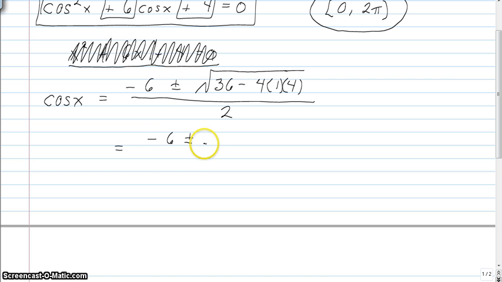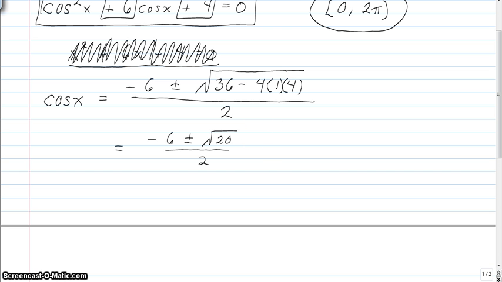Let's see, we get negative 6 plus or minus root 20 all over 2. And at this point, when we look right here, we know that we're probably not going to be able to think of some angles whose cosine gives us that number. We're probably going to need the calculator to help us.